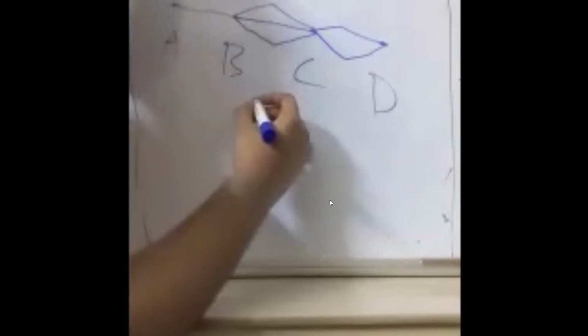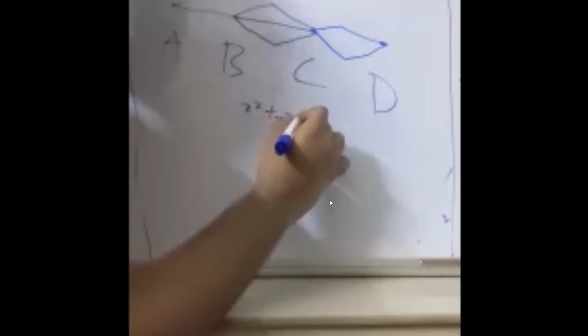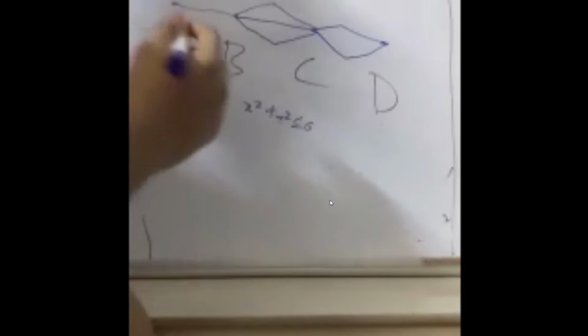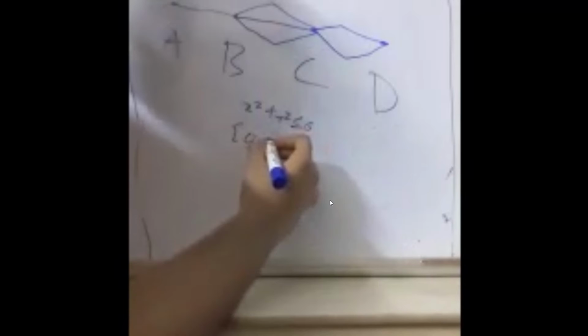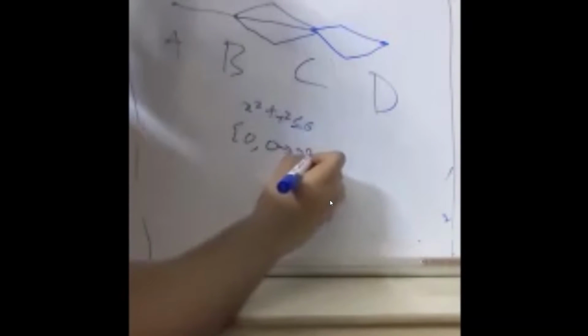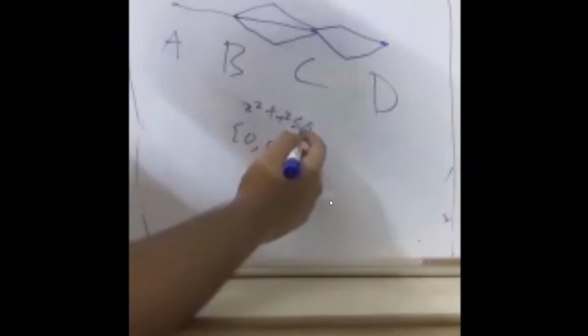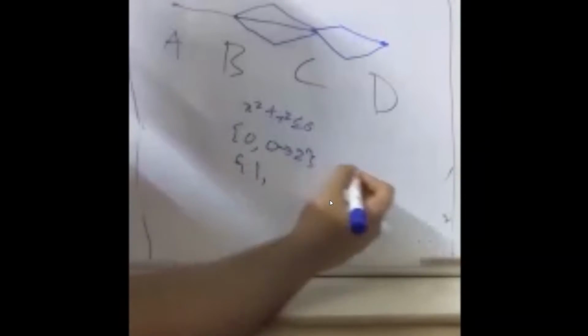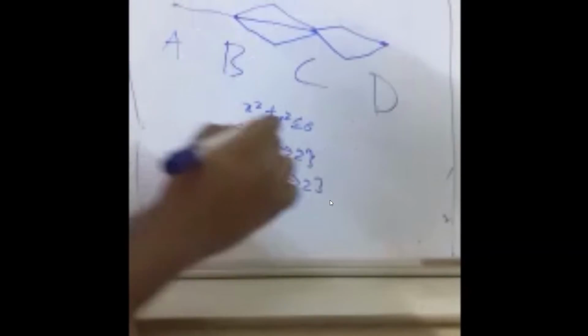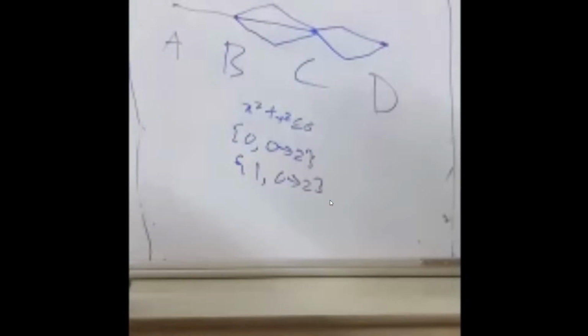So we had x square plus y square less than or equal to 6. If x is 0, we could have y from 0 to 2, because 0 square plus 2 square is 4, and that's less than 6. If we had x as 1, we could still have y from 0 to 2, because 1 square plus 2 square is 5.